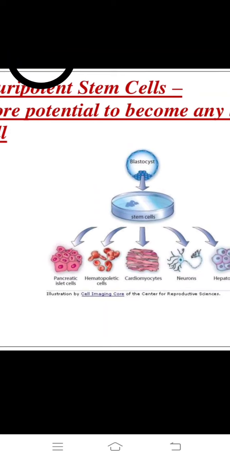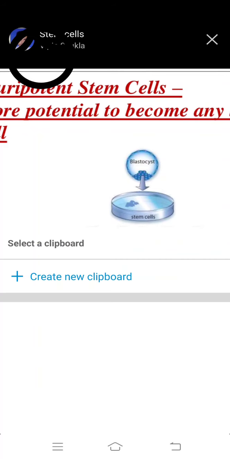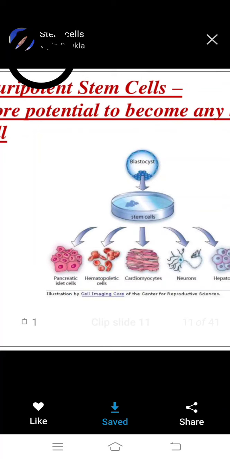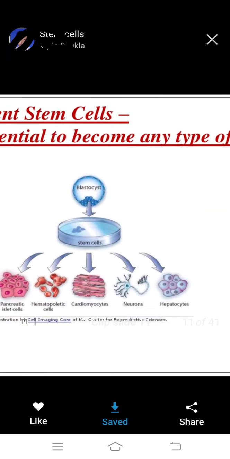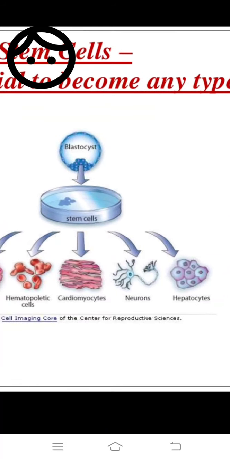For example, pancreatic islet cells, pancreas. Next one is hematopoietic cells, and third one, hemato means RBC, WBC, blood platelet.